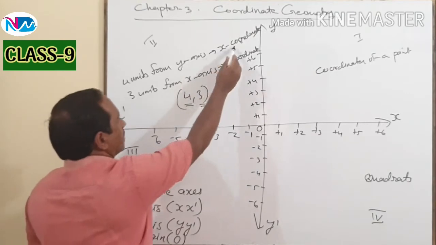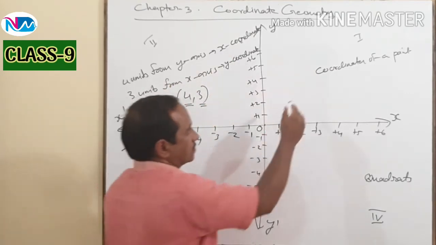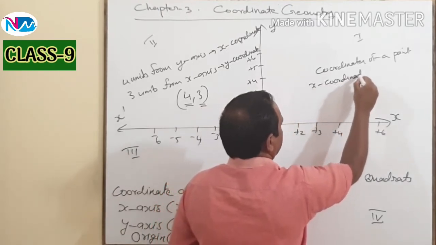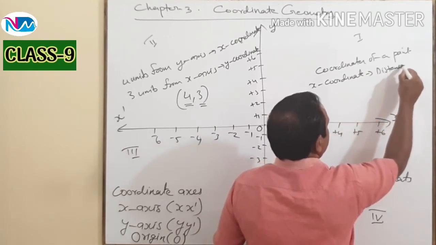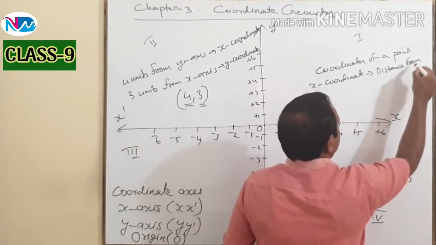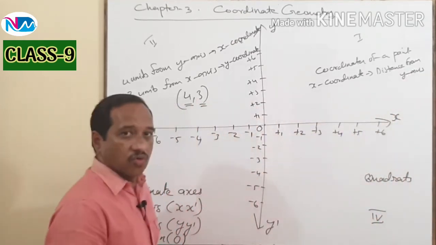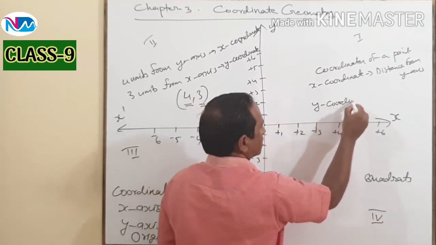The x coordinate means the distance of a point from y axis. And the y coordinate means distance from x axis.